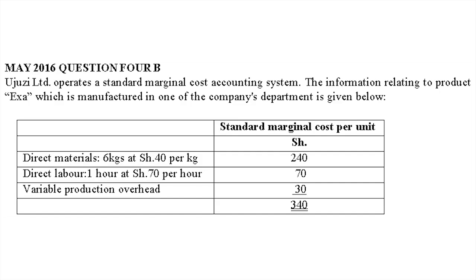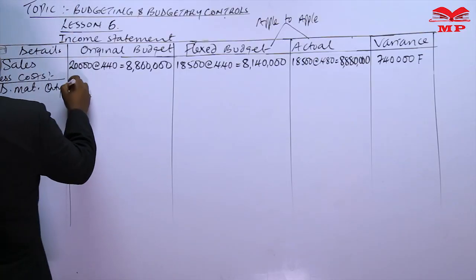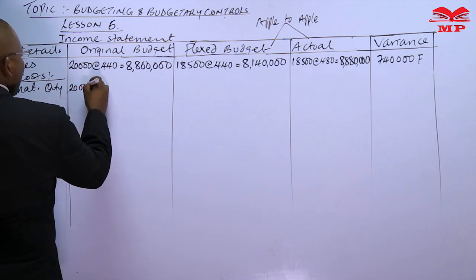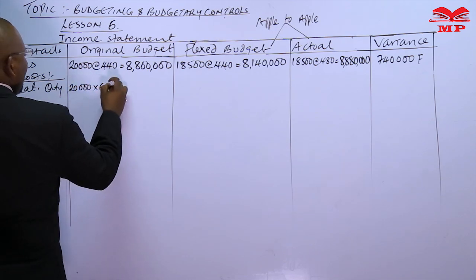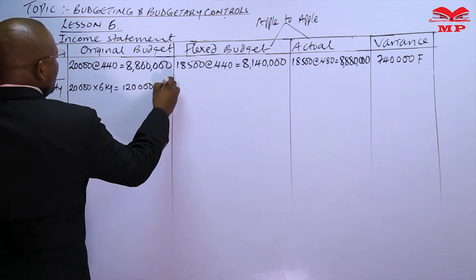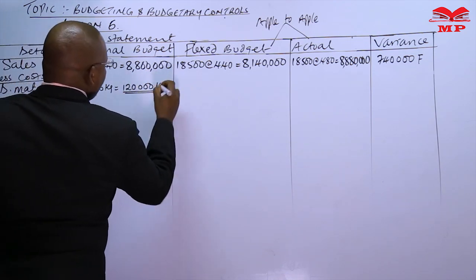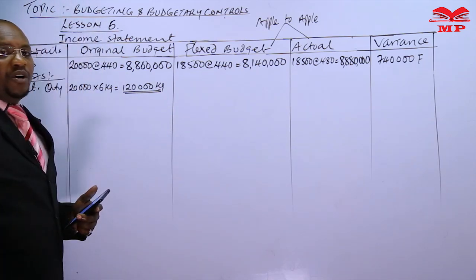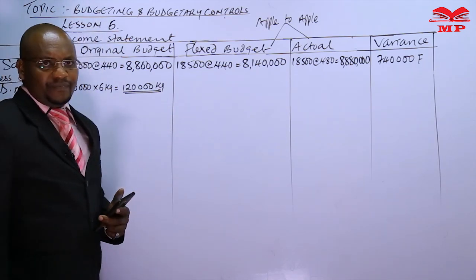The quantity that we were expected to use, so that at least we know what is original and what is flexible. If you look at the standard cost card, direct materials were 6 kgs per unit, meaning we were to produce 20,000 units and each unit takes 6 kgs. This is 120,000 kgs that we are budgeting. I'm double-lining because it was just mere information.